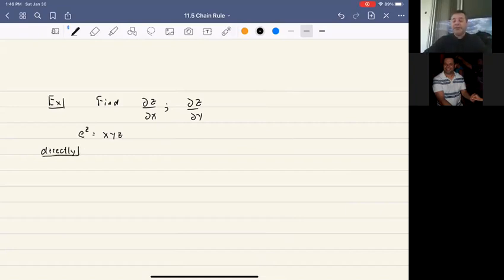Okay, directly. Well, when we're doing this directly, the way the question is asked tells us z is our dependent variable on x and y. So we're going to assume z equals z of x, y.